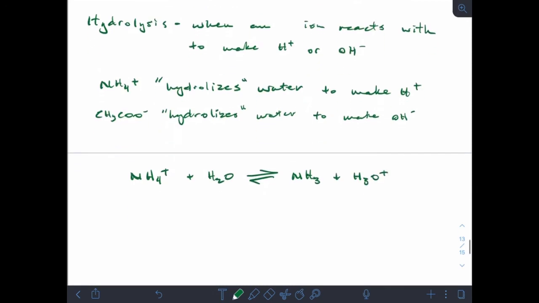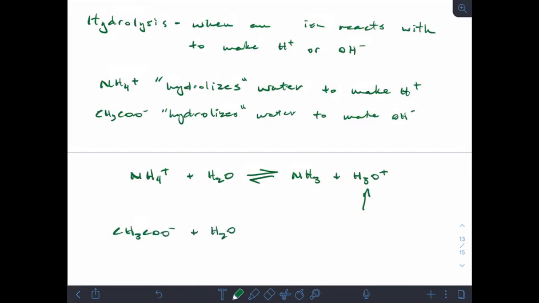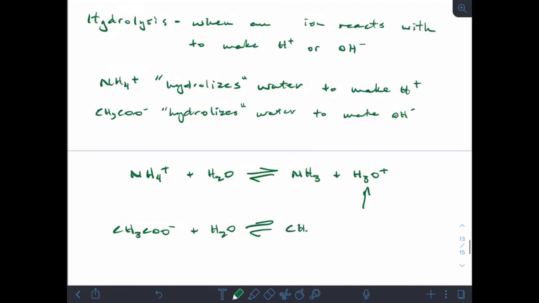The result is acidic conditions. My acetate ion, if I react that with water, is going to make acetic acid, undissociated acetic acid, and some OH minus.